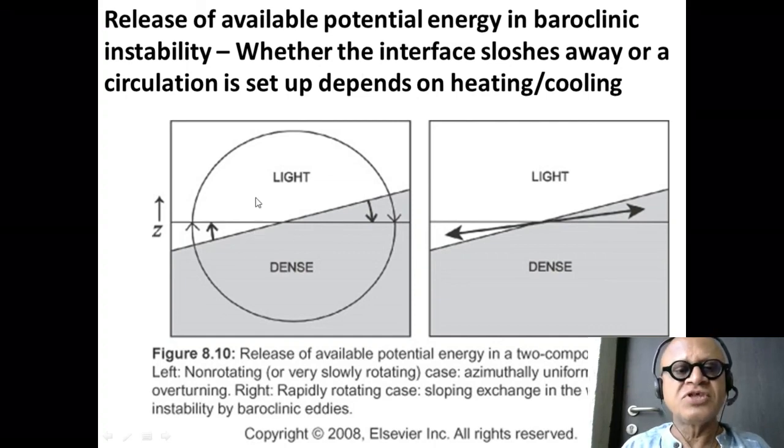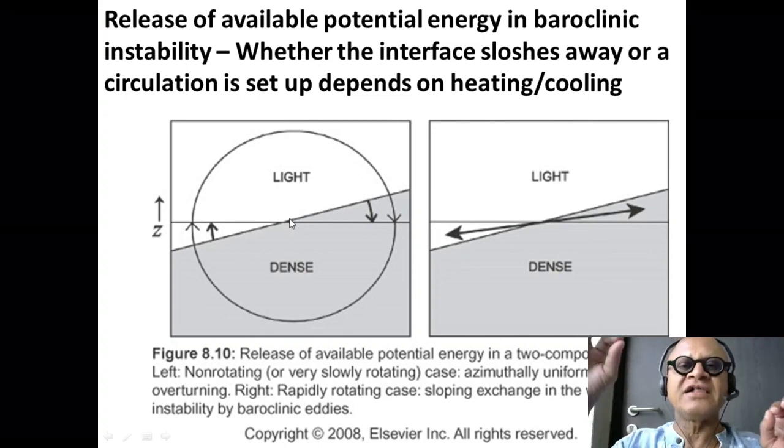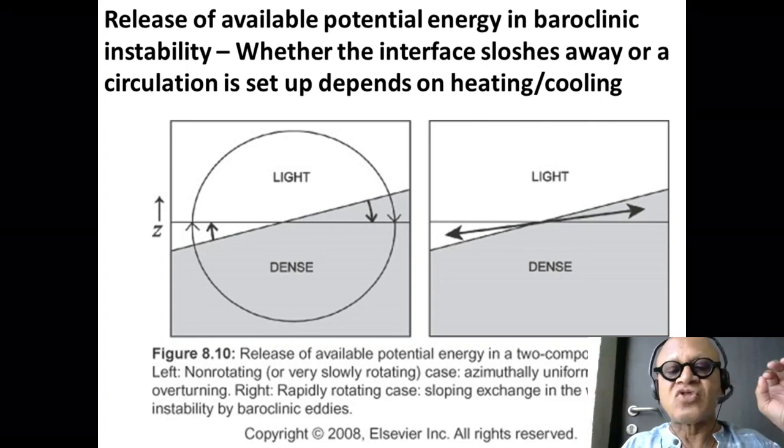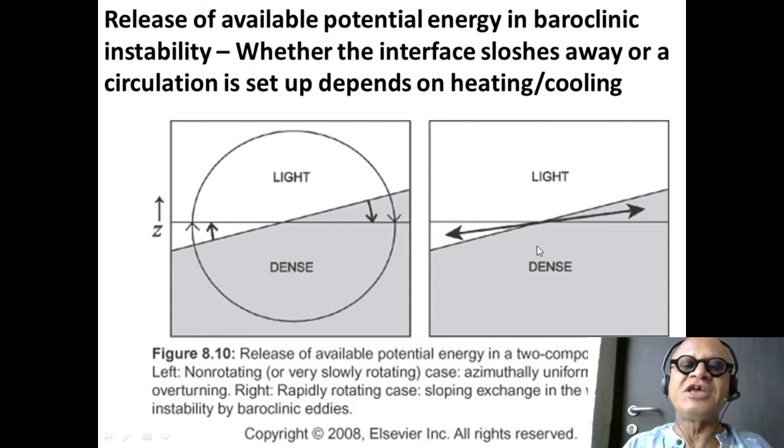So here the interface will just slosh away because this interface was held and just released. There is no other mechanism to hold it up because it's either rotating very slowly as in the lab, or it's not rotating in this case. Whereas here you have rotation that is strong enough, and you have distribution of radiation that can create this wedge of stability and hold it there.